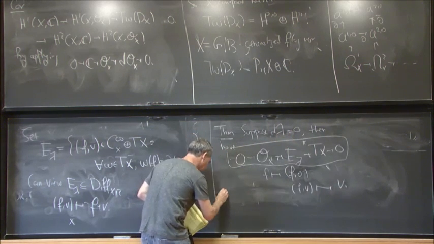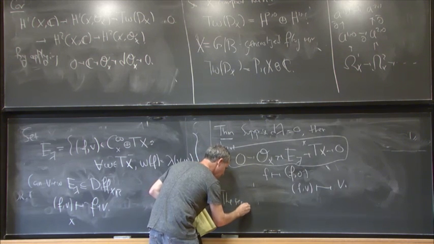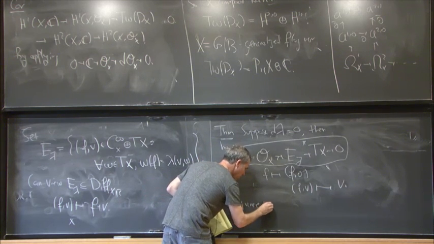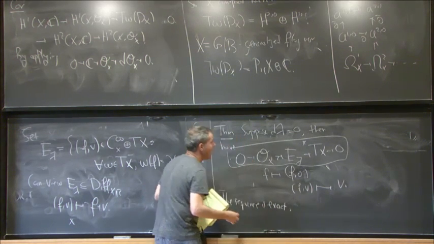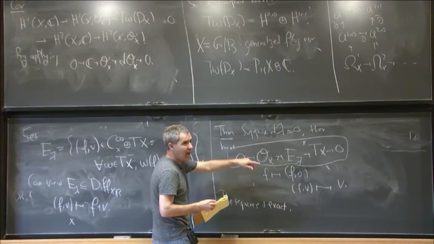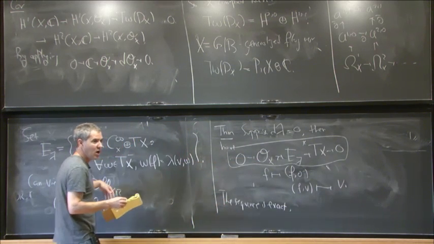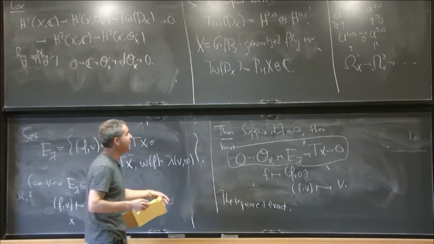And E lambda inside of Diff XR generates a D module isomorphic to DX lambda.